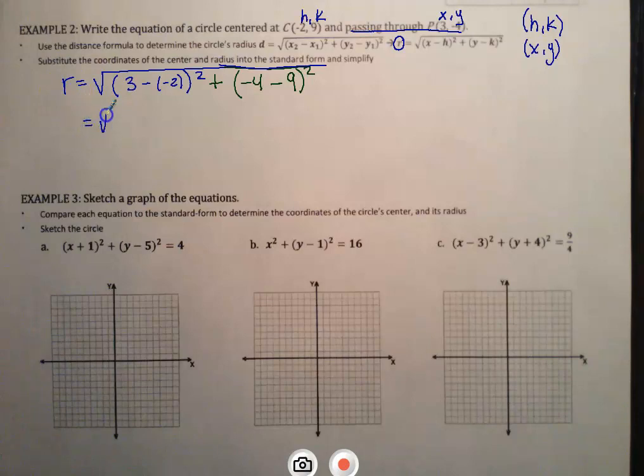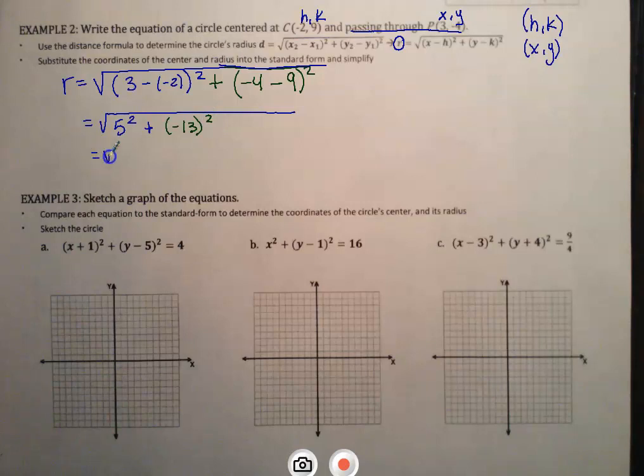All right, so let's do some simplifying. 3 minus -2 is the same thing as 3 plus 2, so this is going to be 5 squared plus -4 minus 9, which is -13 squared. Got my radical sign a little long there.